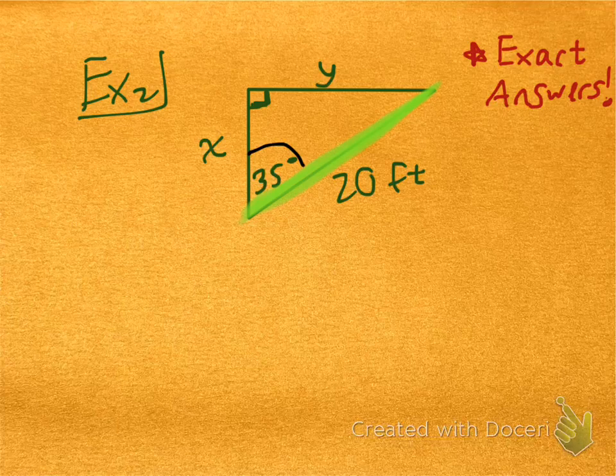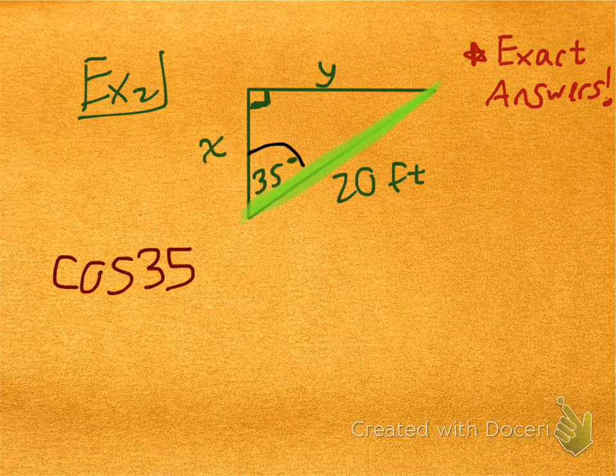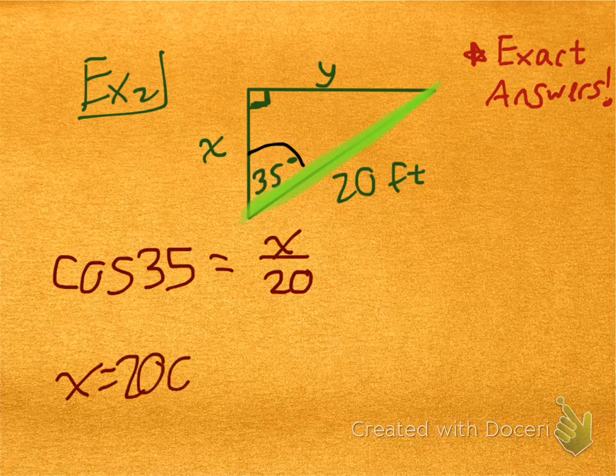So I'm going to use cosine, and I'll explain why. I can say that cosine of 35 equals the adjacent, which is x, over the hypotenuse, which is 20. So to solve for x, all I have to do is multiply both sides by 20. So I got x equals 20 cosine of 35, which again, you can type in your calculator.